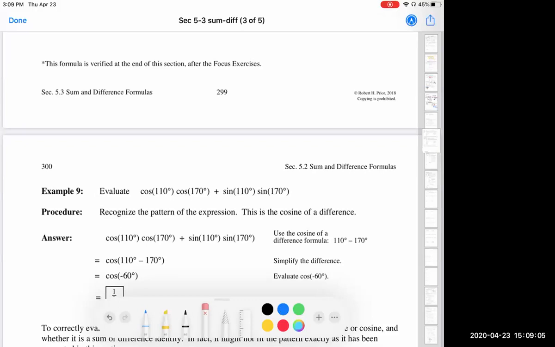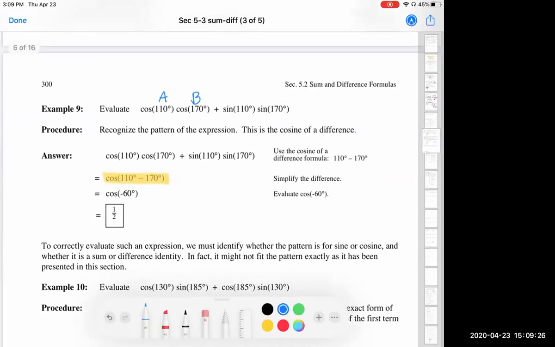So I can rewrite this to be subtraction. Cosine of 110. So again, you have to take a moment to label your A and your B. So if this is A, and this might be B according to my formula, then this looks like cosine of A minus B. So cosine of 110 minus 170, which is negative 60. I can find 60 in my unit circle. I can definitely find negative 60 in my unit circle. So that gives me 1/2.